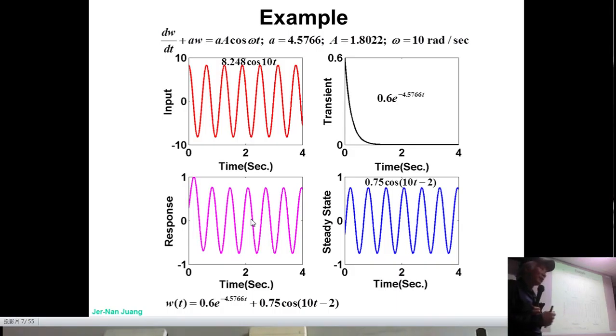You don't want the output to be much larger than the input. That won't be too good, right? So look at the two curves, the upper one and the lower one. You can see the phase is different and the amplitude is different.